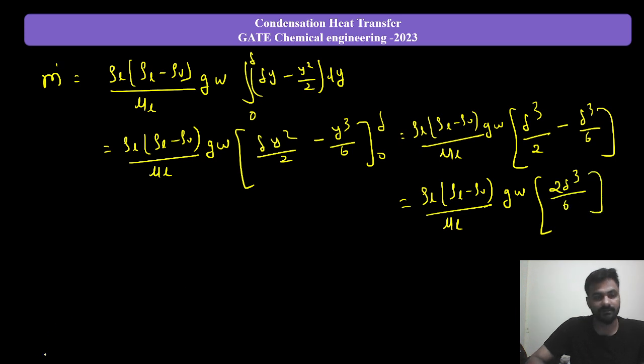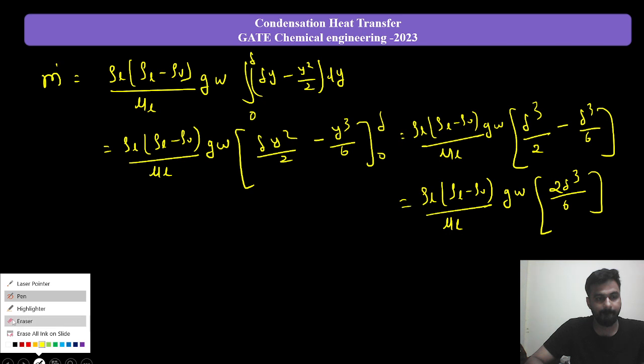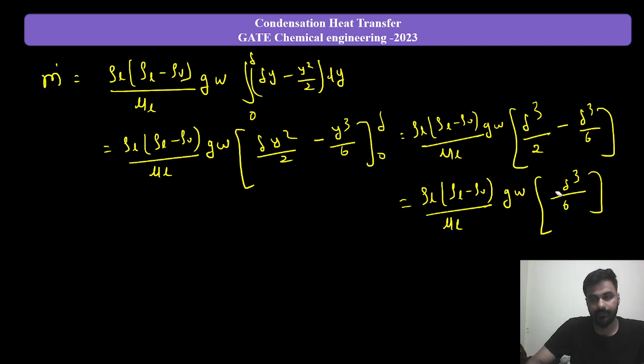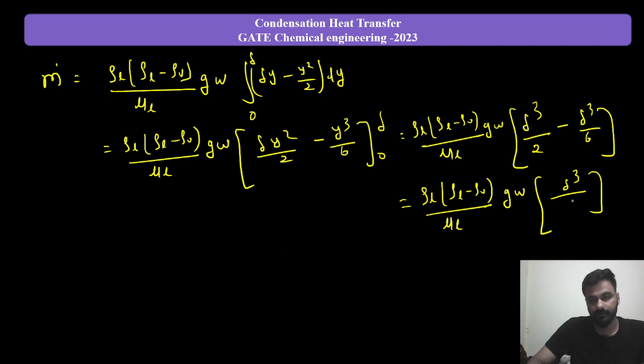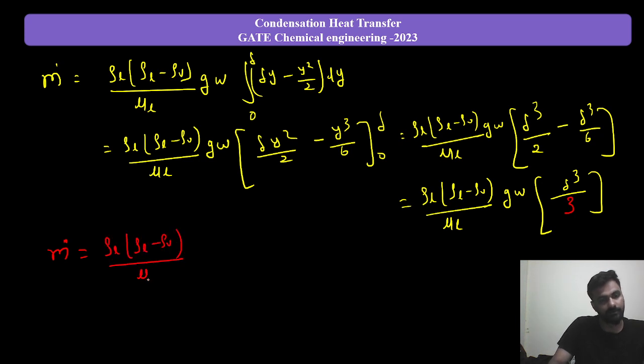So 1 by 3. So it will be equals to delta cube by 3. So our mass flow rate we will be getting is equals to rho L minus rho V upon mu L GW and delta cube by 3.